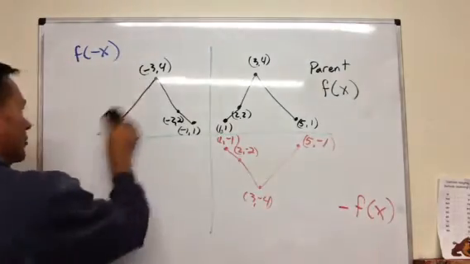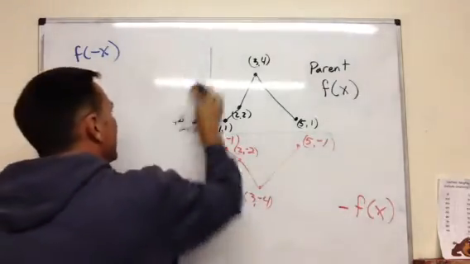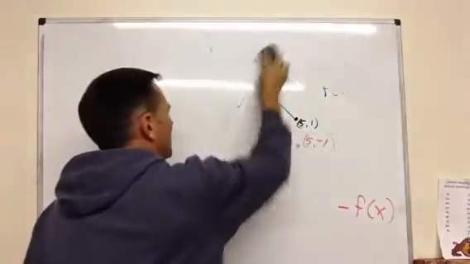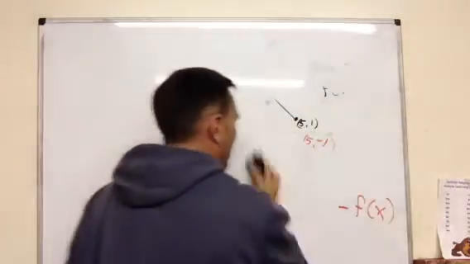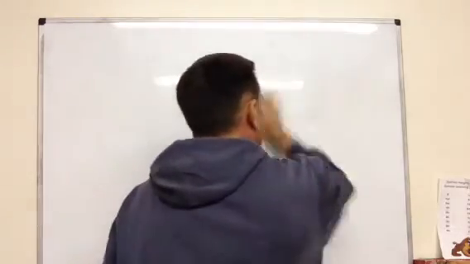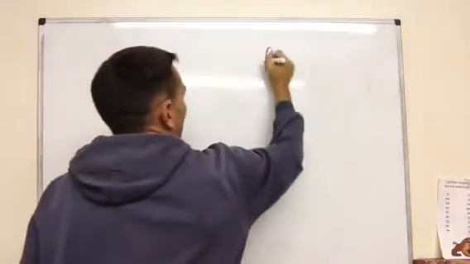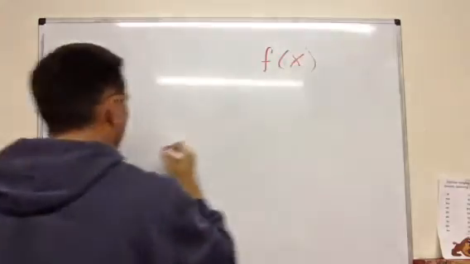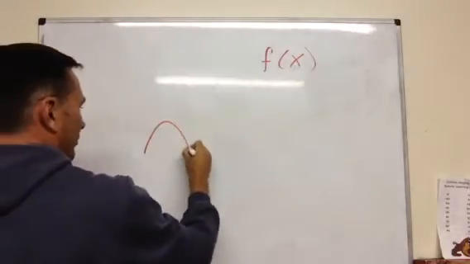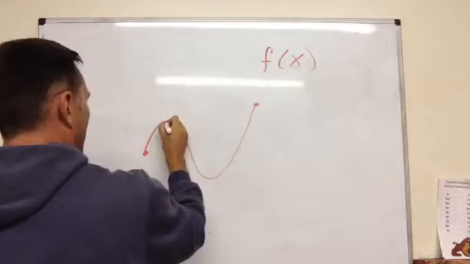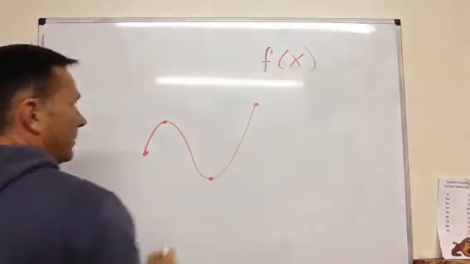Now the last one we're going to talk about is shrinking something or condensing it. I mean stretching, not shrinking. So let's say we have this function here. This is going to be our parent function. It'll be in red. Let's just say it looks like this. That's our parent function.